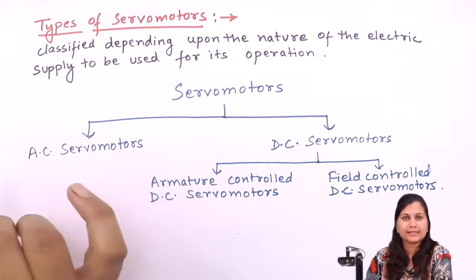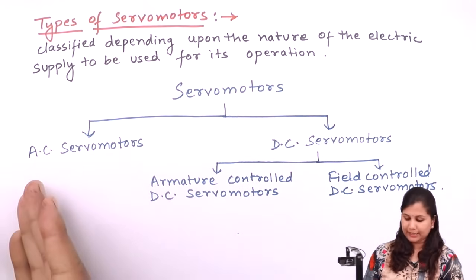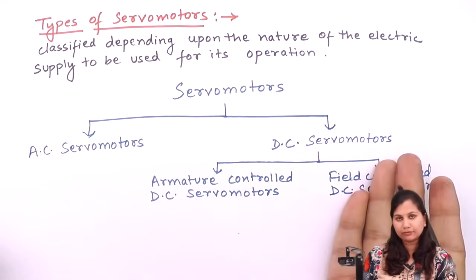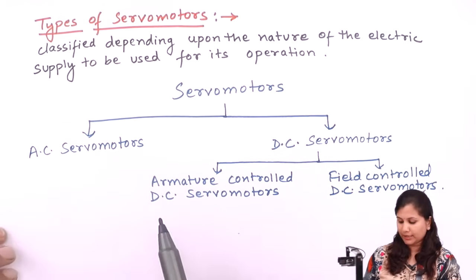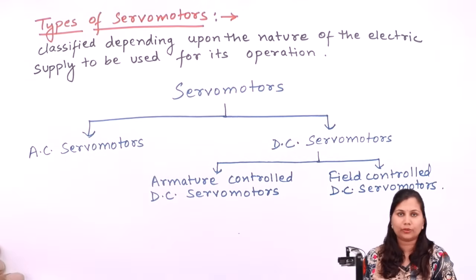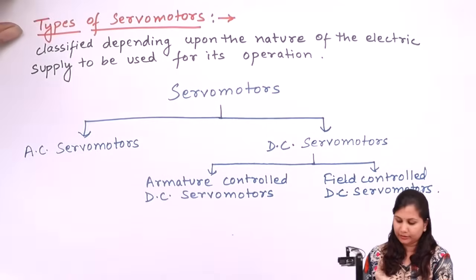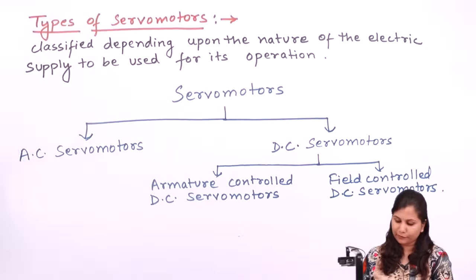So this is the classification of the servo motors. Servo motors are classified into AC and DC servo motors, and DC servo motors are further classified into armature controlled and field controlled DC servo motors. Now let's study the DC servo motors first.